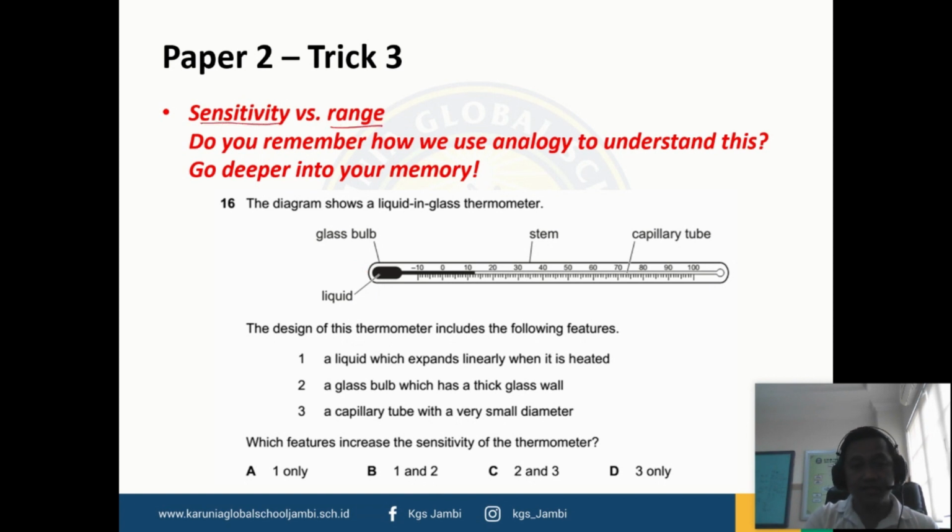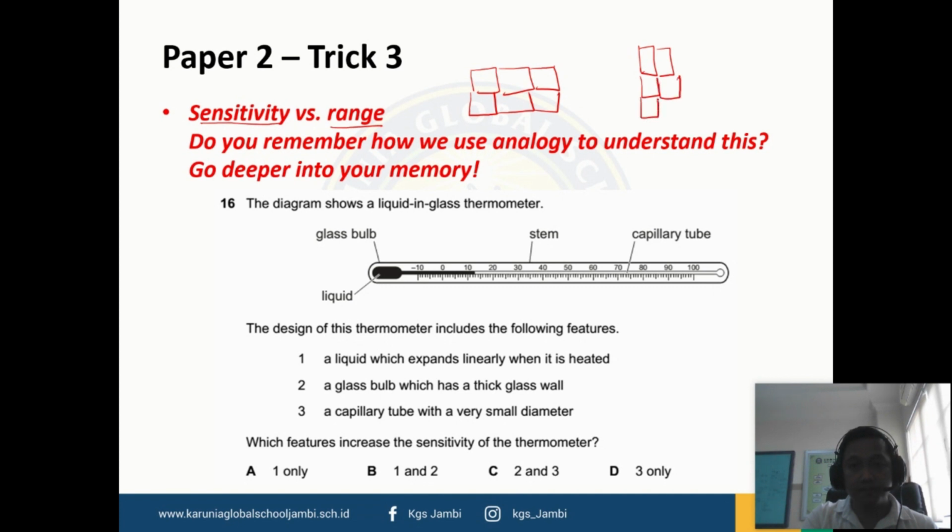And then this is another question, guys, that you have to remember. Sensitivity versus range. In class we learned using the blocks. Do you remember how we used an analogy to understand these? Remember that moment when we checked the blocks in your class, on your board.